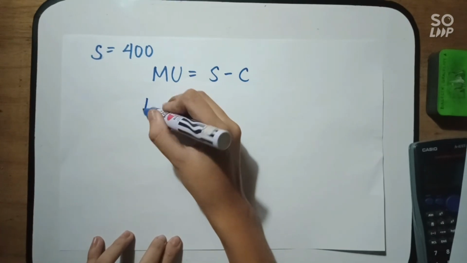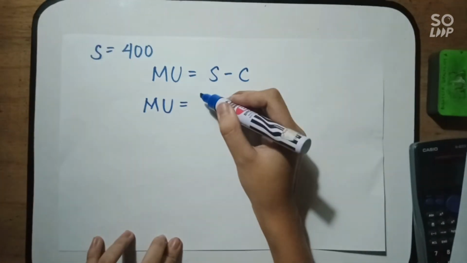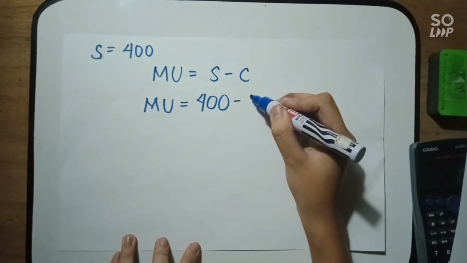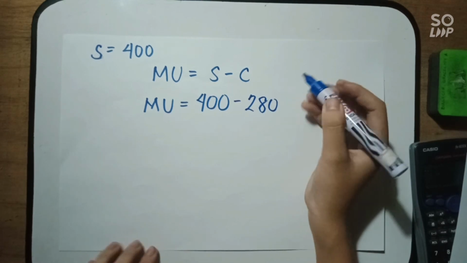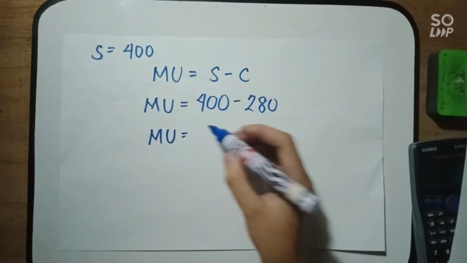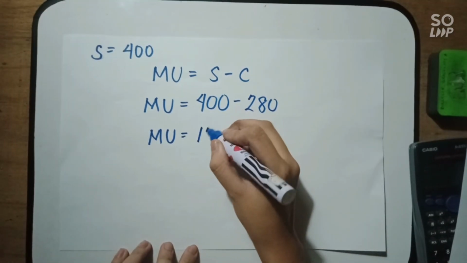So markup is equal to the selling price of the product, 400, minus the cost of the product, 280. Therefore, the markup is equal to 400 minus 280 is equal to 120.